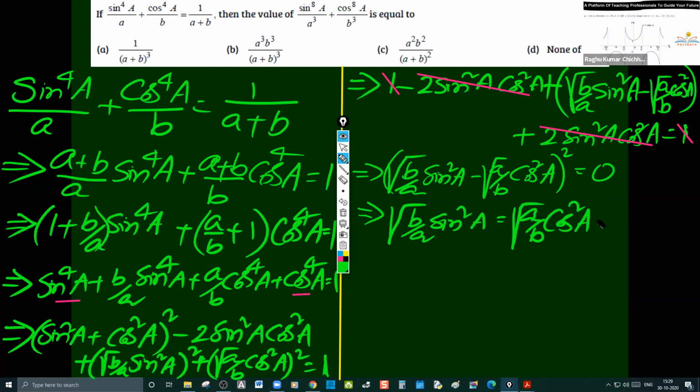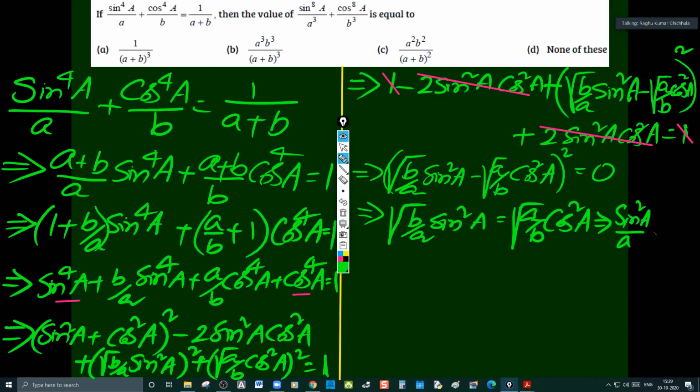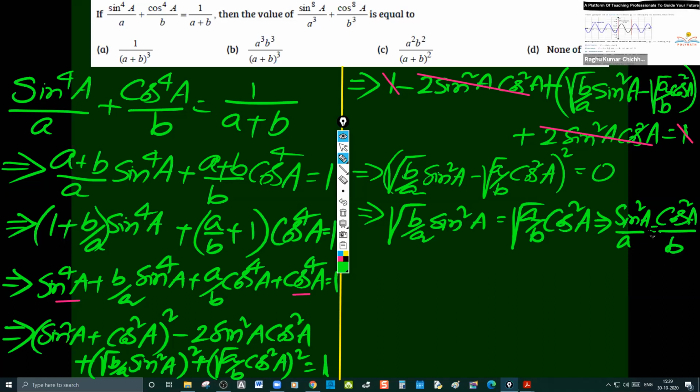I hope you understand what I'm writing here. Yes, sir. Now cross multiply, you will get sine square A by A, this root A becomes A. Do you tell me other side is equal to? Cos square A by B. Correct. This is equal to is there. So I want to understand their values. That is the reason why I'm taking it as some lambda.